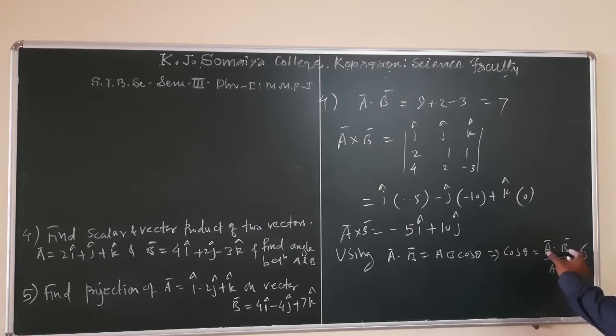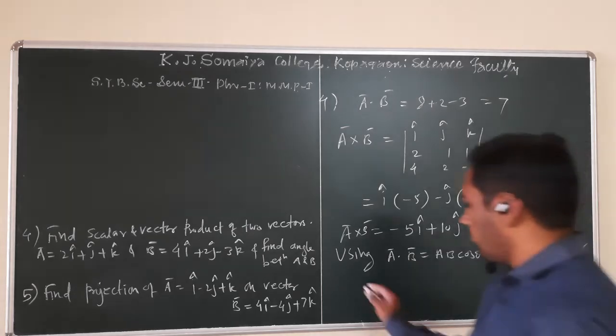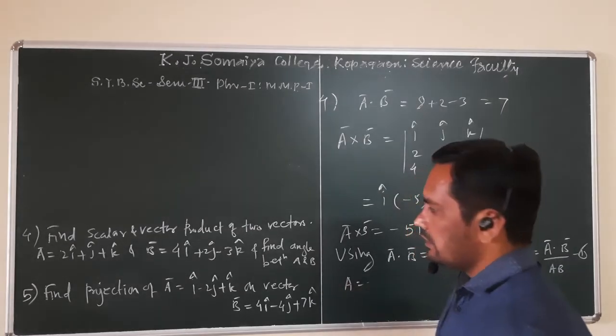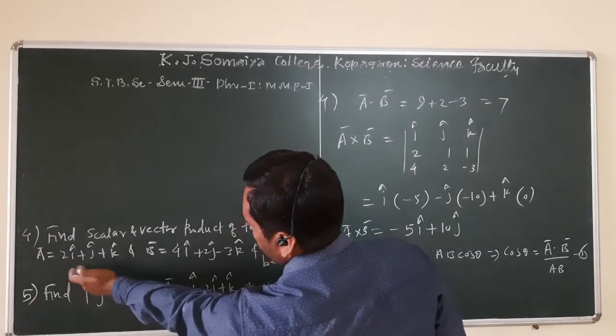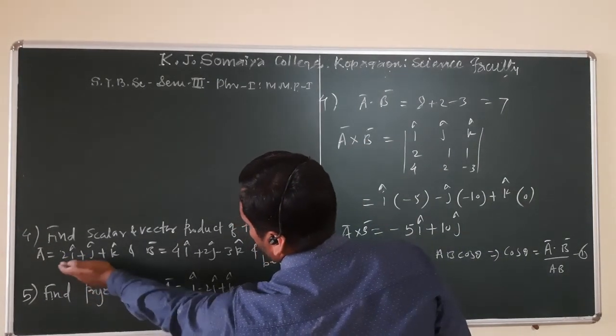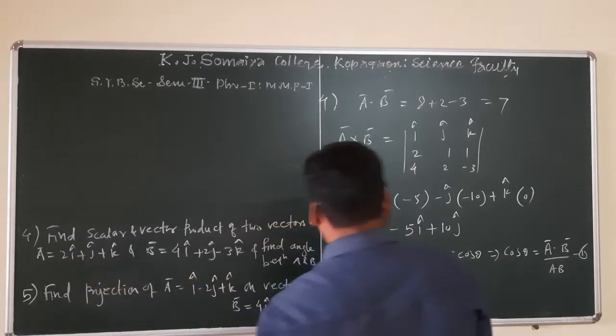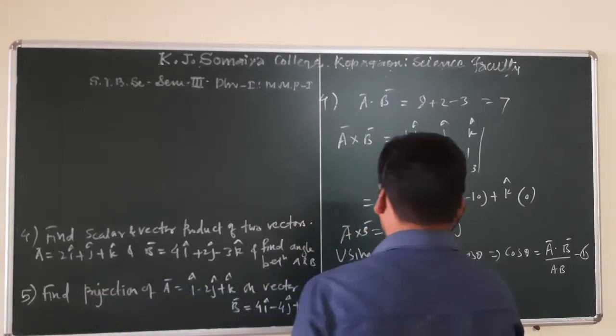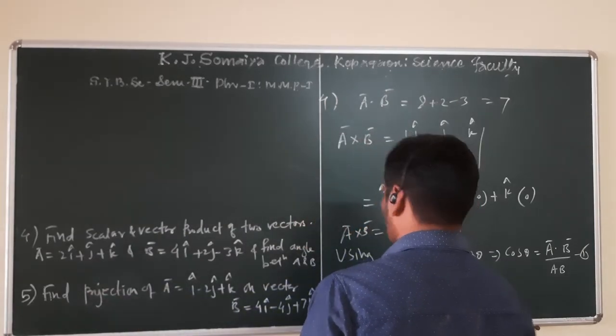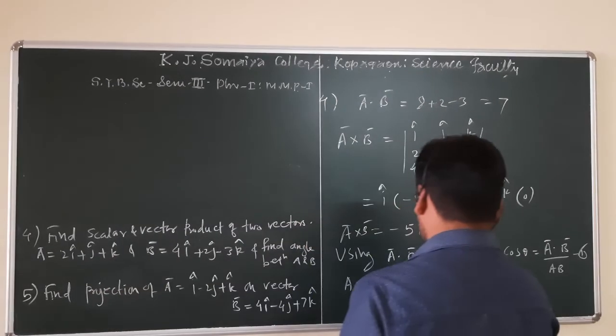So we already know A dot B. We have to find out the magnitude of vector A and the magnitude of vector B. So the magnitude of vector A is, okay, we know that its rectangular components are 2, 1, 1. So magnitude is square root of 4 plus 1 plus 1, okay.